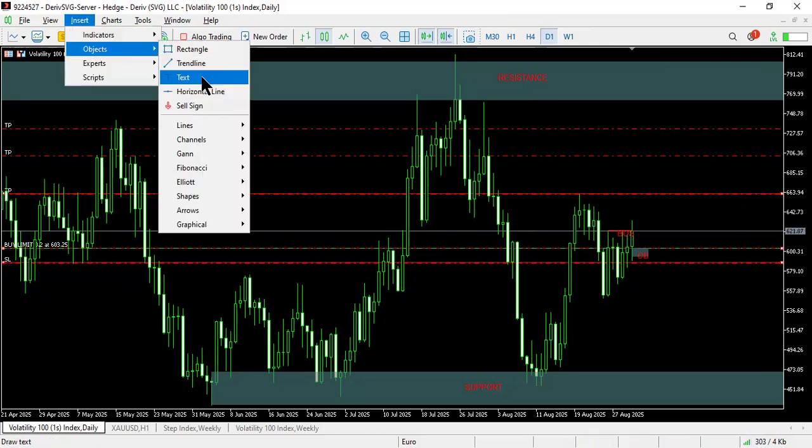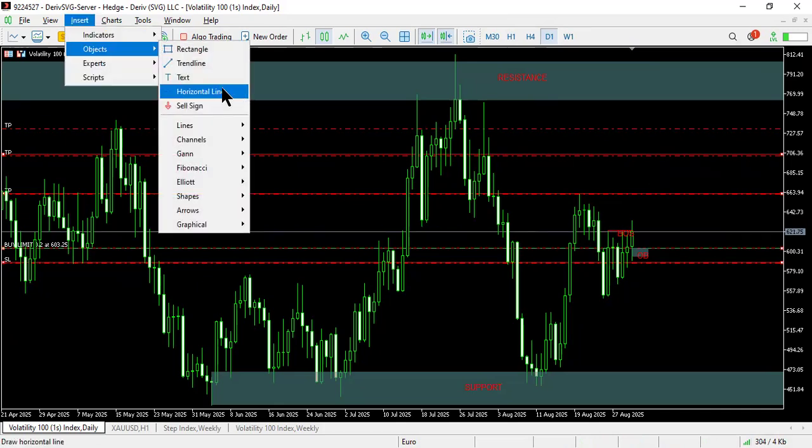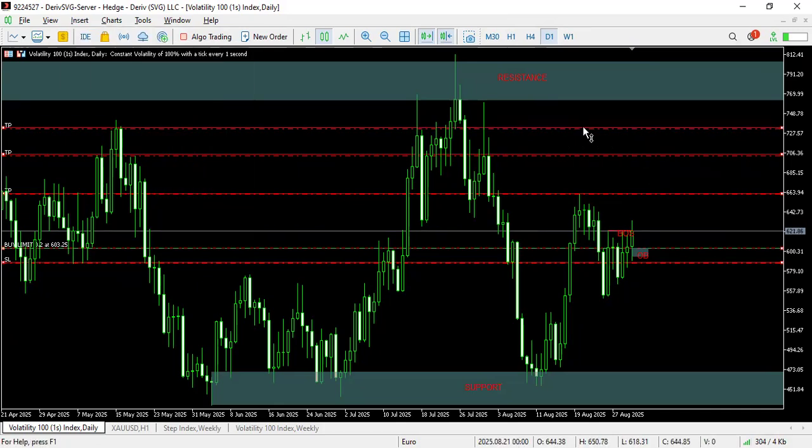And then the second take profit is at 704.93. And then the third take profit is at 733.42.